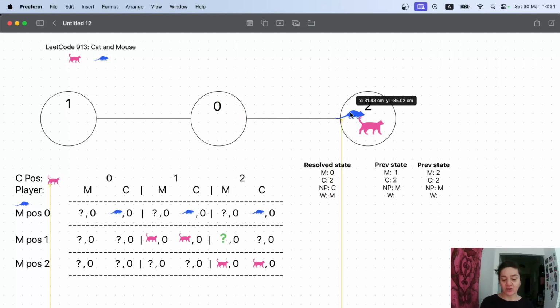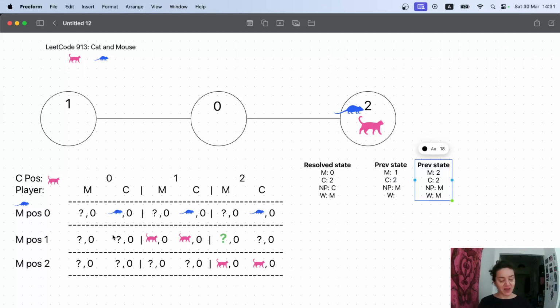So can we say that already in this state it's a mouse win? Can we do this? Of course not, because already here the mouse is caught by the cat. He can't move to freedom, he's already caught. It's no one's turn. He lost. So I can't do this.